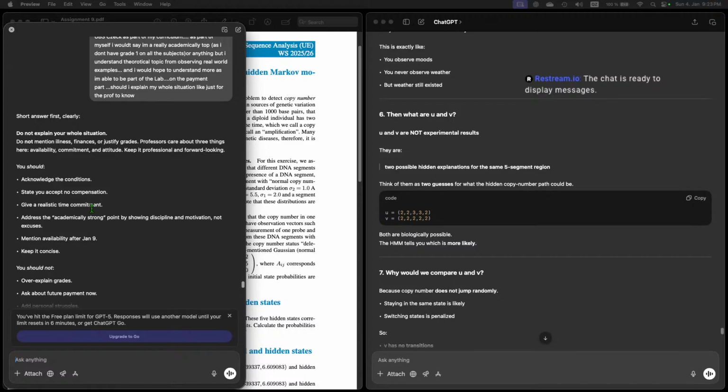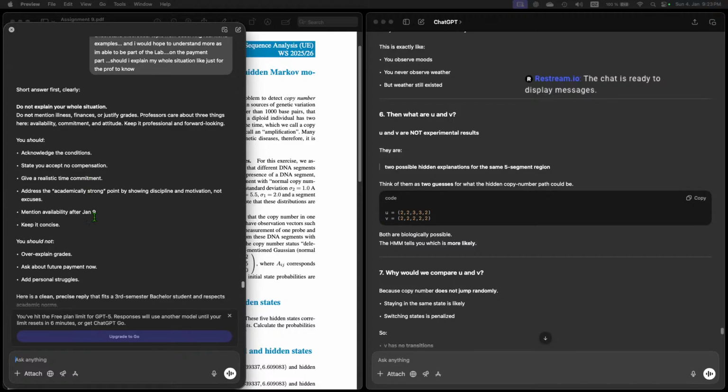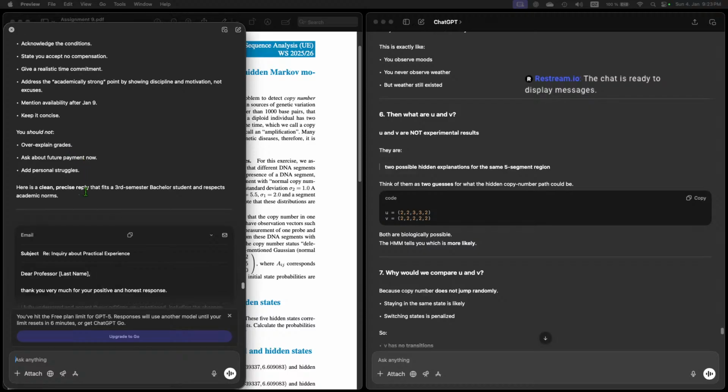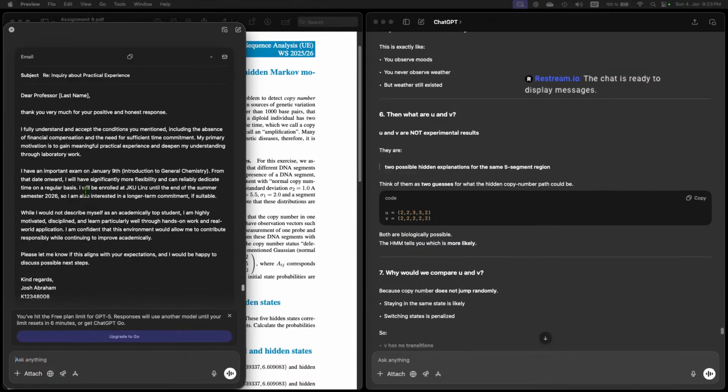State you accept now, no compensation. Over explain grades. Now I don't have to over explain grades. I fully understand and accept the conditions you mentioned, including the absence of financial compensation and need for sufficient time commitment. My primary motivation is to. I have an important exam on January 9th. From that date onwards, I will have significantly more flexibility and reliably dedicate time on a regular basis.